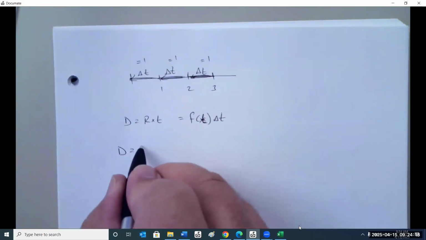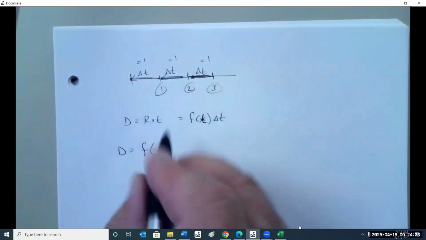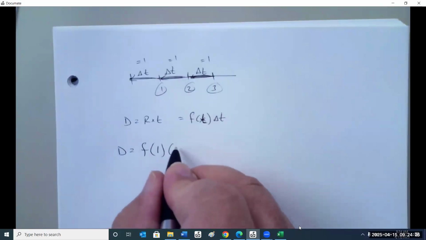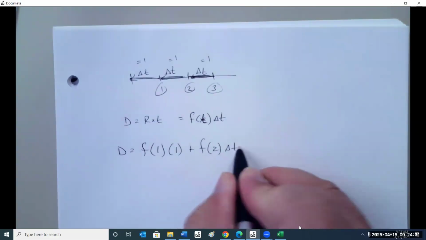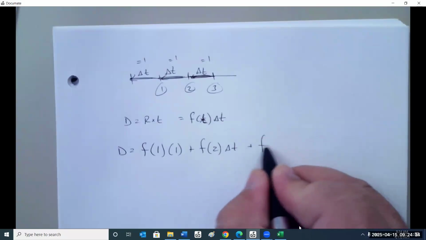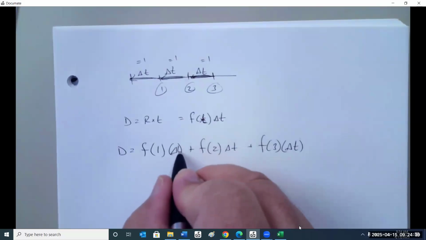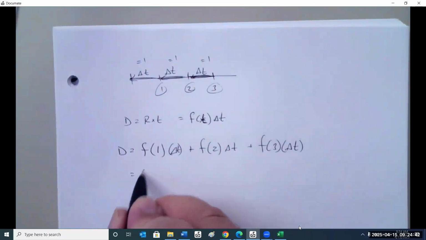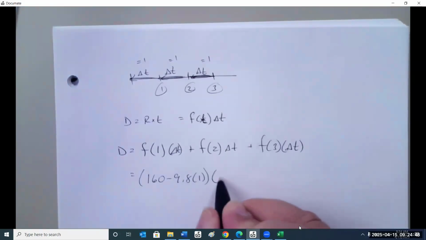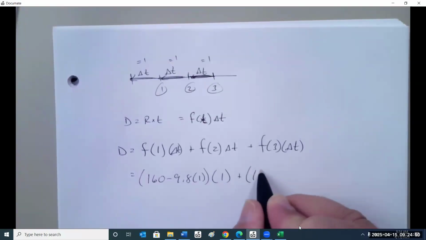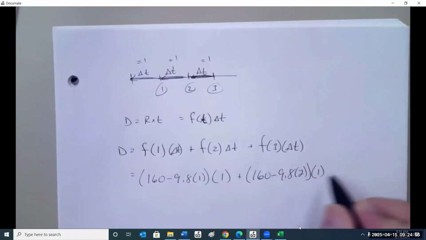So the distance is f of, since we're going the upper bound, we're going to go 1 times 1, then 2, and then 3. So we have 160 minus 9.8 times 1 times 1. 160 minus 9.8 times 2 times 1.